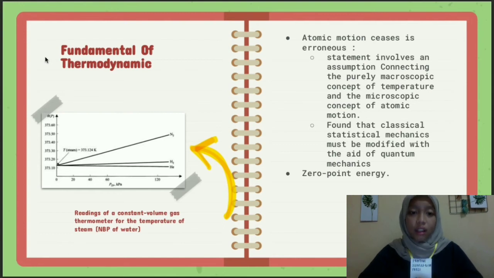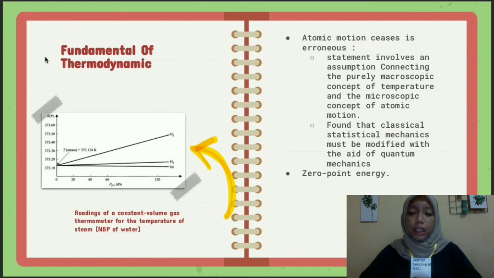For the helium, this is constant along the axis and ordinate. And for nitrogen, the graphic goes slightly up, linear upward, and for the other gas there is a significant rise. So we can say that a statement about atomic motion in cases is erroneous when it involves an assumption connecting the purely macroscopic concept of temperature and the microscopic concept of atomic motion, and it was found that classical statistical mechanics must be modified with the aid of quantum mechanics.